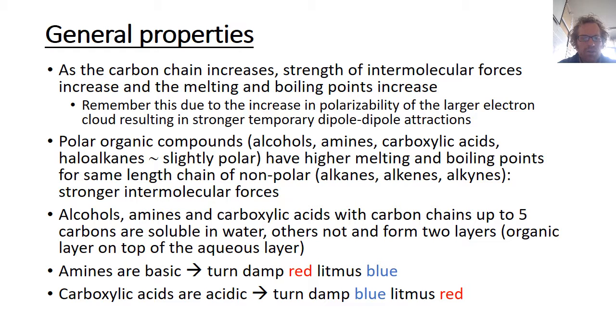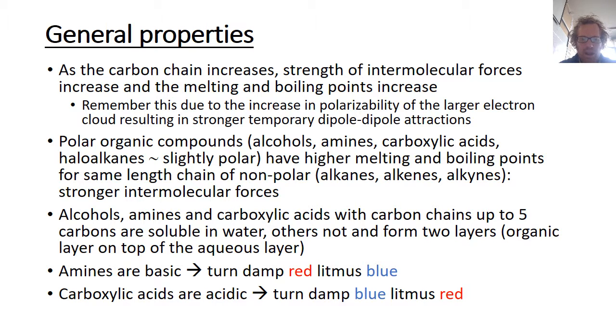There are polar molecules, however, like alcohols and amines and carboxylic acids, and those are soluble in water and tend to have higher melting points and boiling points because they've got the permanent dipole-dipole interactions or hydrogen bonding.